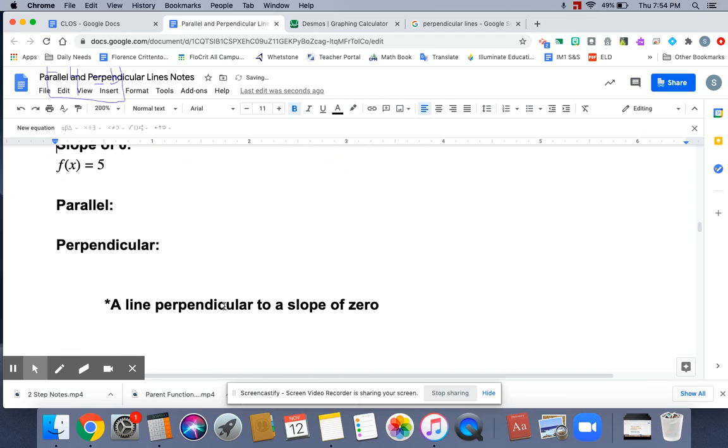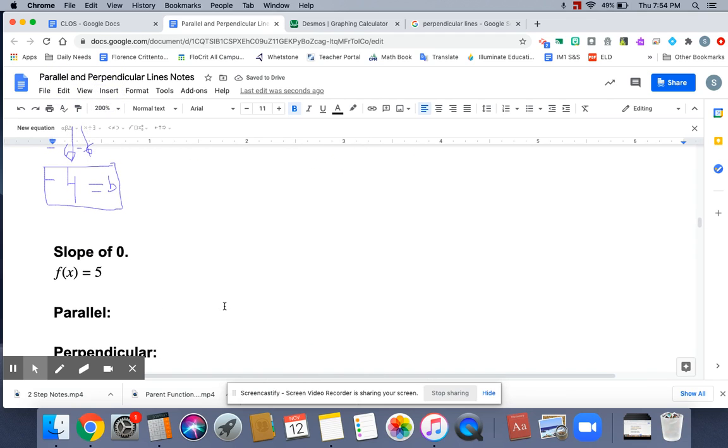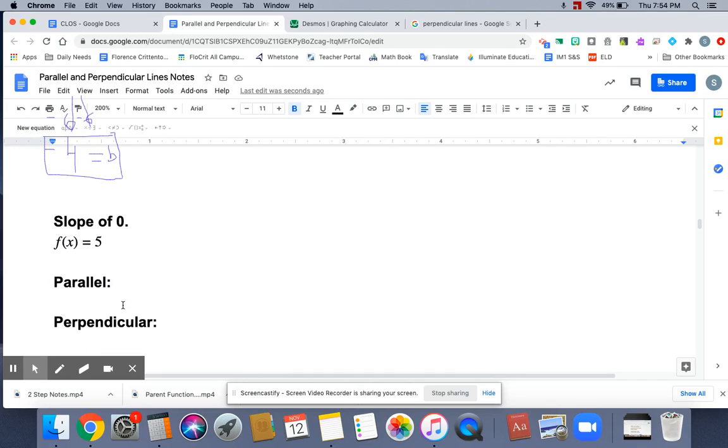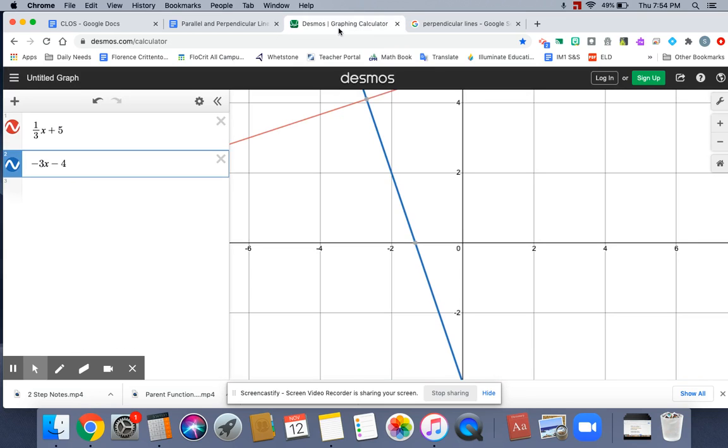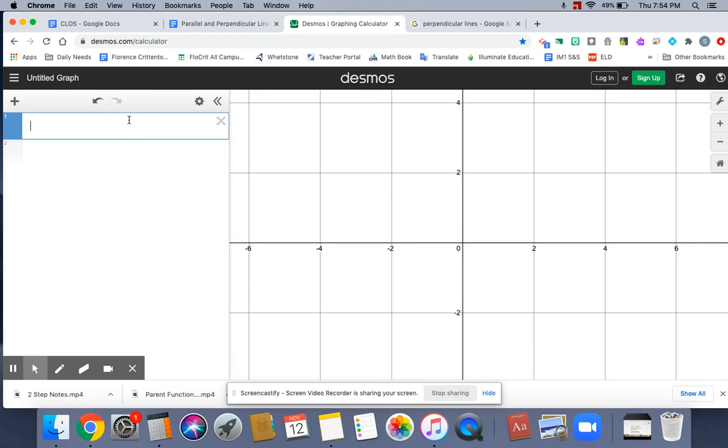So the only other thing to mention is when you have equations that have a slope of 0, like f of x equals 5. The reason why the slope is 0 is because there is no x's, but it's still plus the 5 at the end. So there's a y-intercept at 5, but there's no x's. This is what the graph looks like.